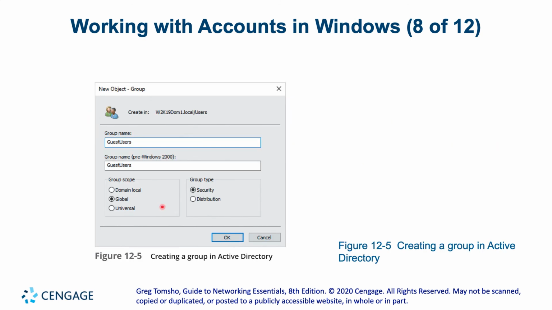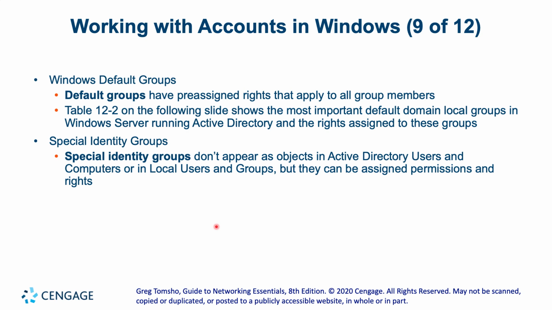Here's a dialog box that shows you creating a new group. Notice we're going to have to pick the scope and the type. We have some default groups that come inside of Windows. They have pre-assigned permissions that apply to all of the group members. And then we have special identity groups.